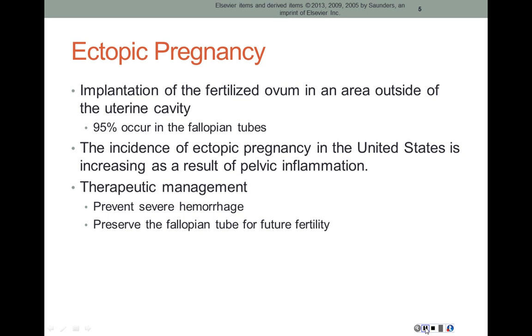So some risk factors associated with ectopic pregnancy include IUD use, anatomical or functional defects of the fallopian tubes, a history of STDs, failed tubal ligation. Maybe mom had her tubes tied and they didn't do a really good job, and so that's why you had that implantation outside of the uterus.